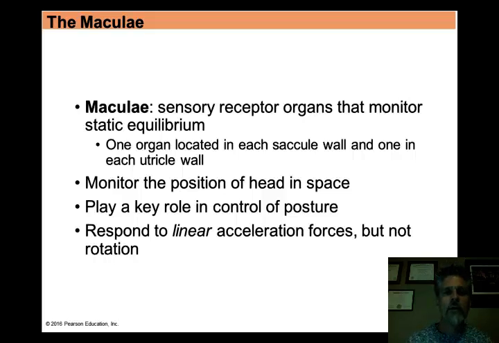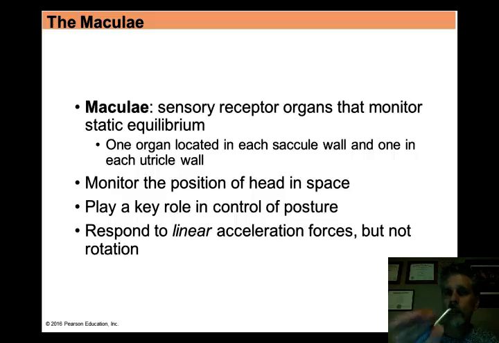Okay, so what we find is when we're talking about that vestibule, we have these maculae, and these are the ones that are monitoring the static equilibrium. And so with these ones, these particular receptors will respond to what's called linear. Remember, the other ones, the semicircular canals, were more dynamic or rotational.